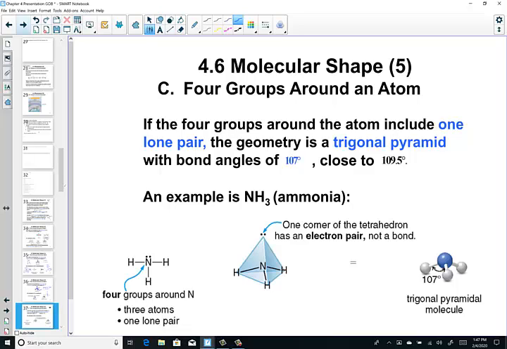Suppose the central atom has 3 atoms it's bonded to and 1 lone pair. For example, nitrogen. I know nitrogen lives in group 5A, so it has 5 valence electrons. We've realized that nitrogen wants to have 3 bonds and 1 set of dots.